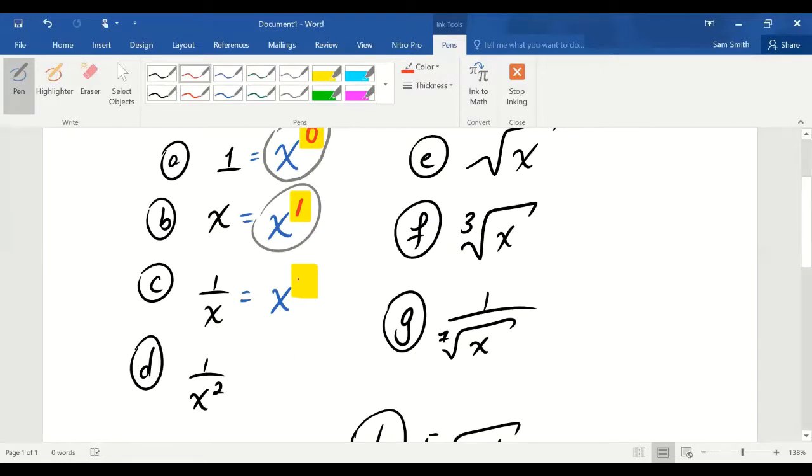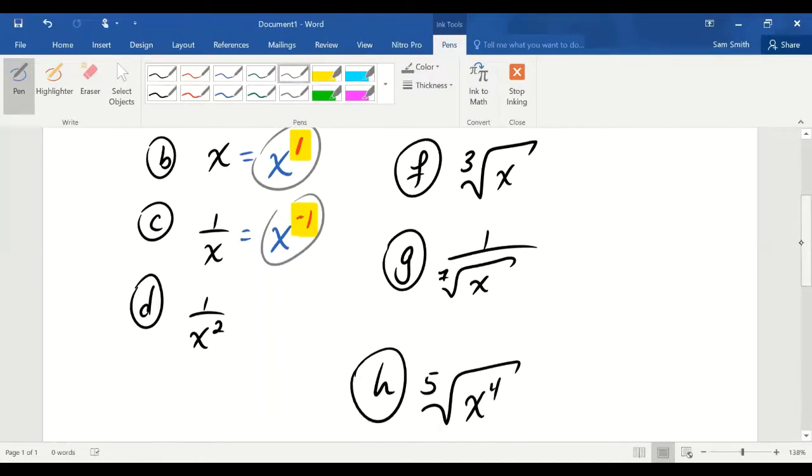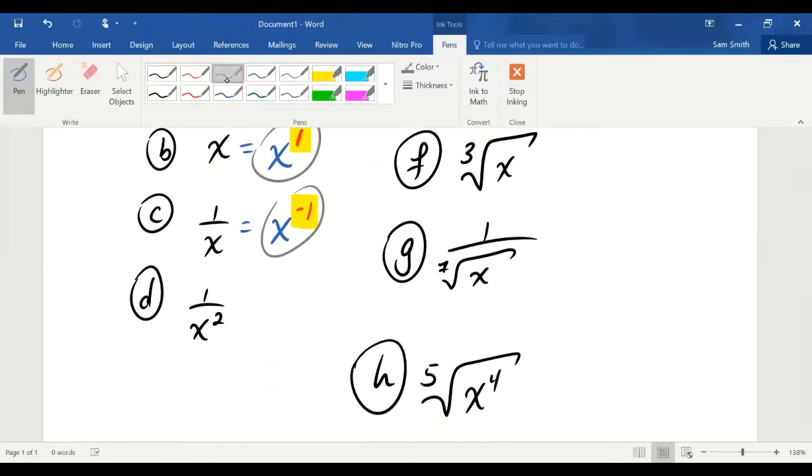And remember that negative exponents, x to the power -1, will cause this reciprocal to happen, 1 over a copy of x. What about 1 over x squared? What do you think? Well, again, here, negative exponents are what make fractions happen. This is the same thing as x to the power -2.